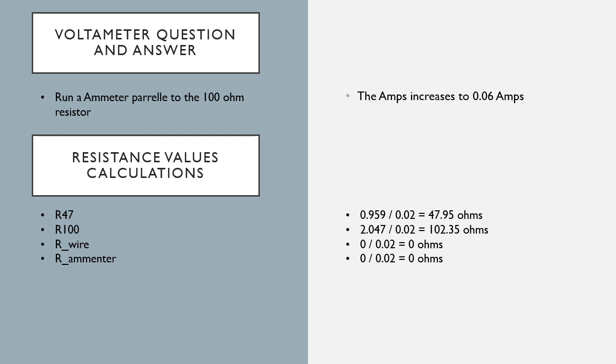And that's going to increase the amps because you basically have less resistance when you're calculating your Ohm's law. The resistance calculation values are right here to show how we calculated it, or how you get the values for each resistor, the wire and the ammeter.